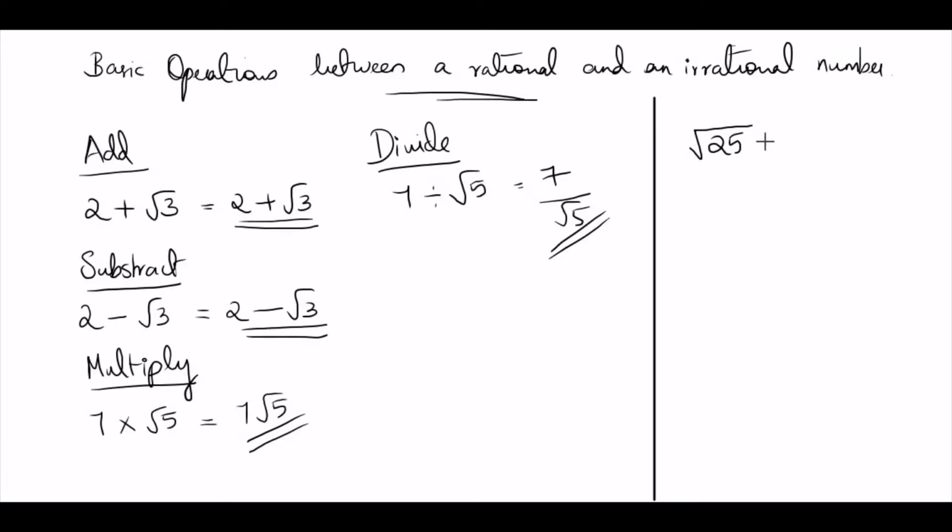So you can write this as 5, because 5 squared is 25. That means root 25 is a rational number. So whenever you are taking square roots as an example for an irrational number, you have to check whether the number inside is a perfect square or not. If it is a perfect square, it will be a rational number, not an irrational number.